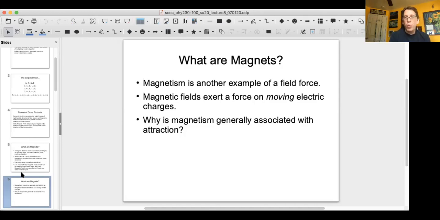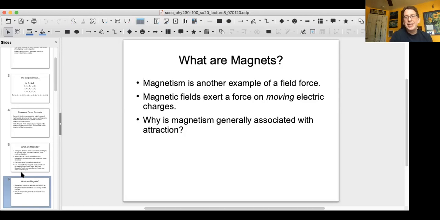Magnetic fields require movement. So that's one important difference between electric fields and magnetic fields. And what we'll see in the next chapter is that it takes moving electrical charges to create a magnetic field. Stationary electrical charges will not do that, but moving electrical charges will.